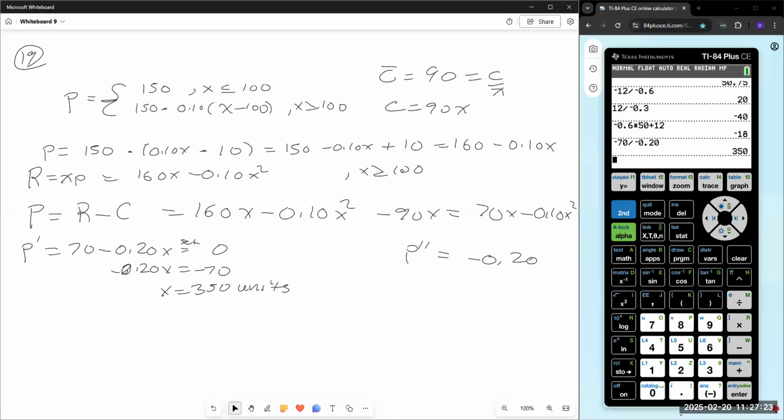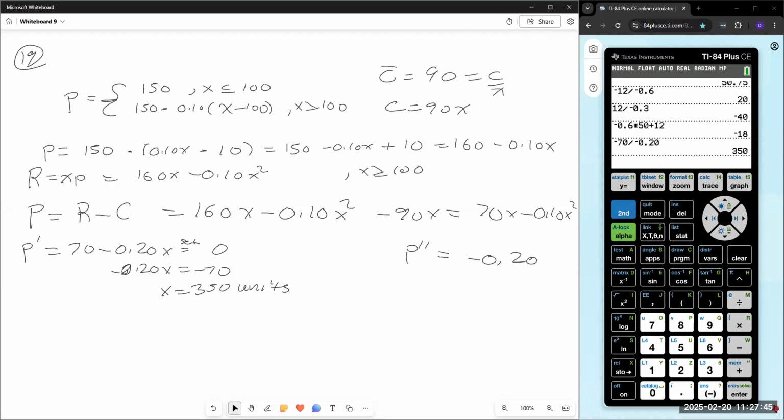So now let's read the question, make sure we've answered it. Find the largest order the manufacturer should allow to obtain maximum profit. So we found that 350 units of production is what we want.